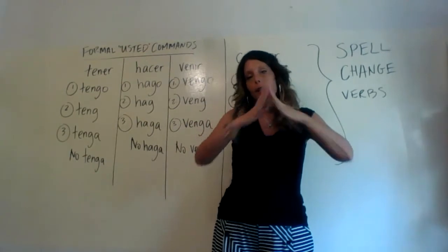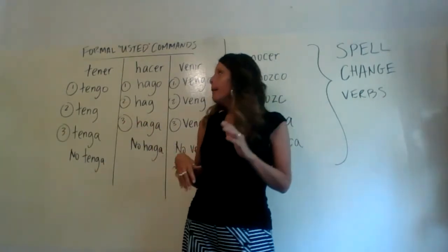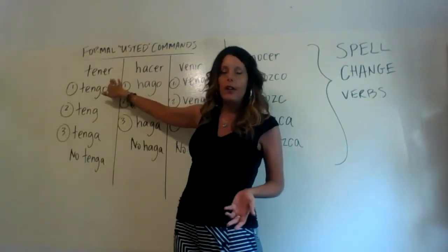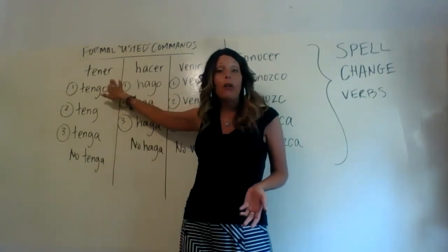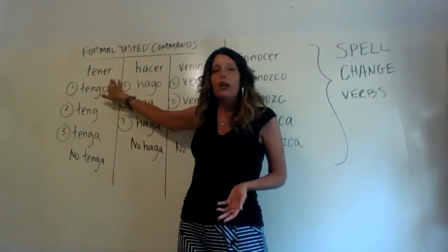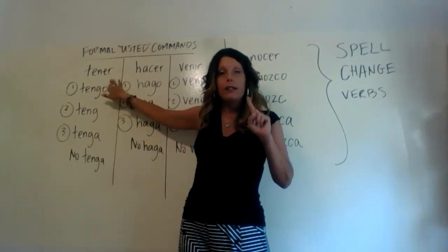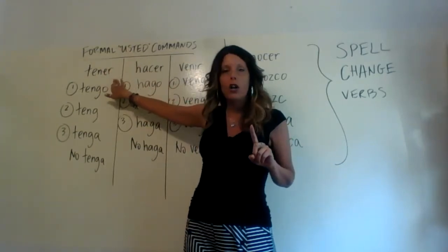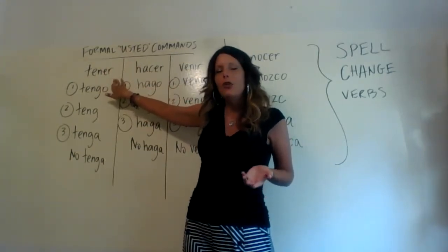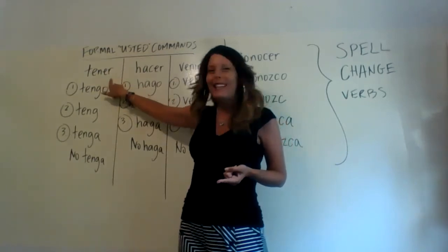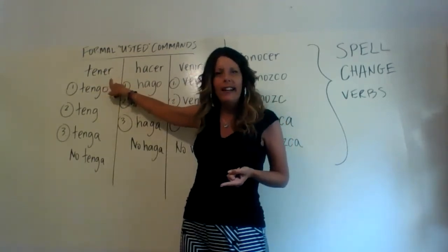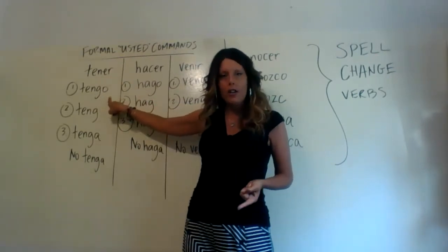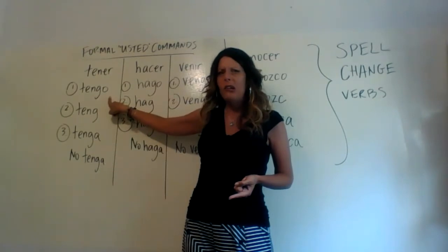I could write a bazillion up on the board, but the verb tener happens to be a spell change verb. Maybe you've memorized that it's a spell change verb, or maybe you just simply know how to get to step one to make a formal usted command, which is the yo conjugation of the present tense, and you remember that the verb tener in its infinitive didn't have a G, but then all of a sudden you go to tener in the yo conjugation of the present tense, and there's some crazy G there.